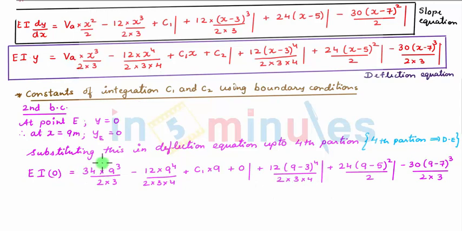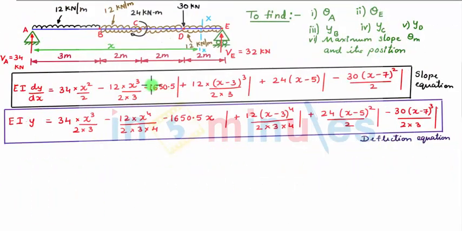We put the value of VA as 34 kilonewton and the value of C2 as 0. So we see here that the only unknown is your constant of integration C1. So upon solving we get the value of C1 as minus 1650.5. So now we have got the two constants of integration C1 and C2. So we have the slope and deflection equation with the values of constants. So next we find out what has been asked in the problem.